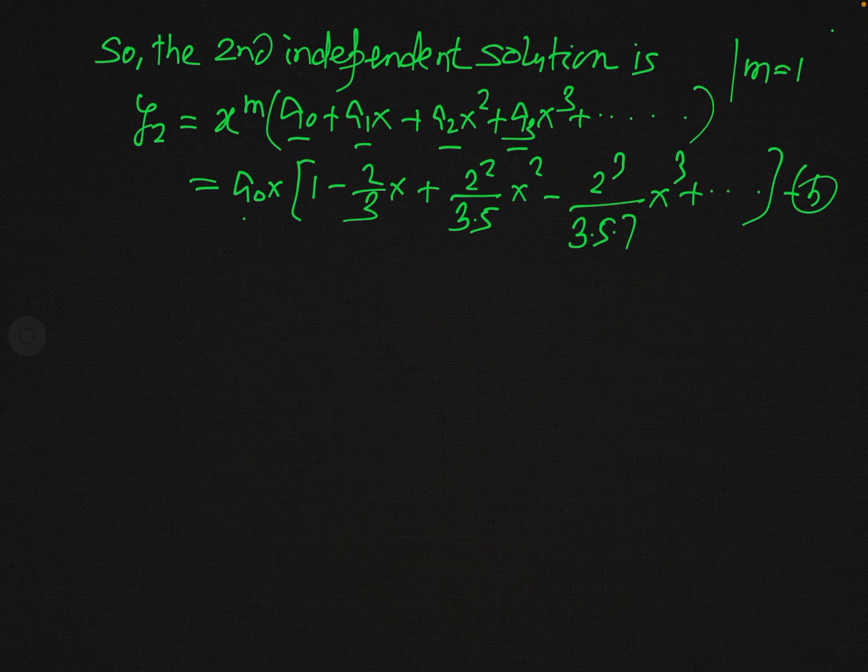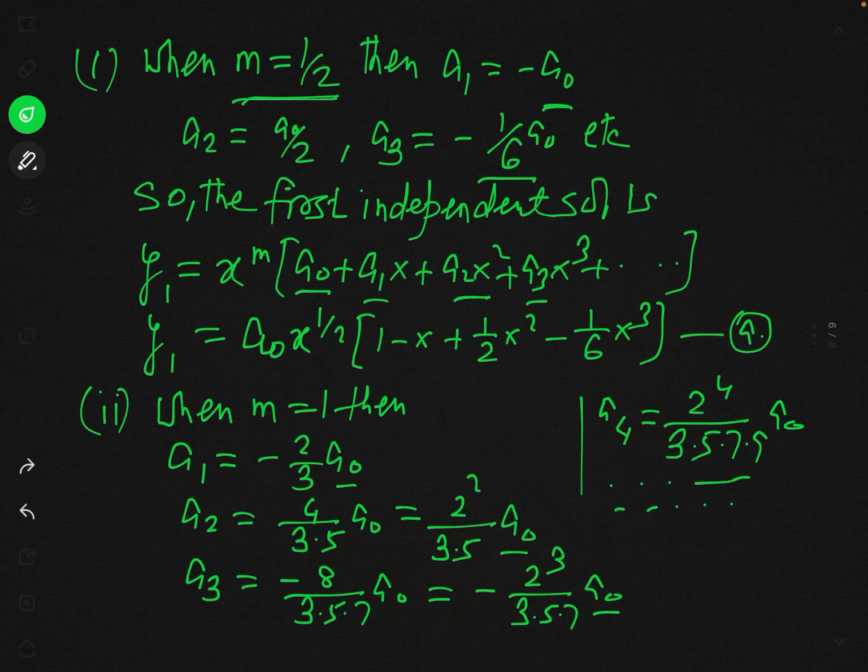As you can see, these solutions, defined either in A or in B, contain only one arbitrary constant, a naught. And the equation is of second order. You know, if a differential equation is of second order, there must be two arbitrary constants.